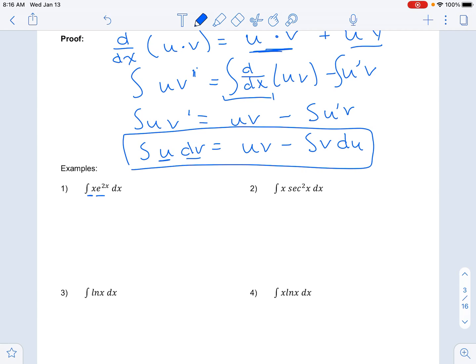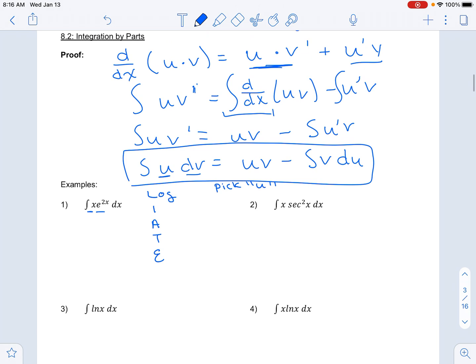The way that I'm going to have you pick your u is use this little acronym. This is what you are going to do to pick your u. So this is the hierarchy that we're going to use. You're going to look for logs first.